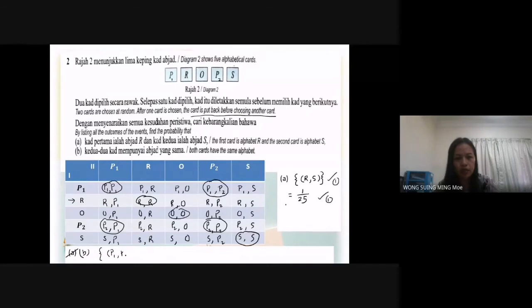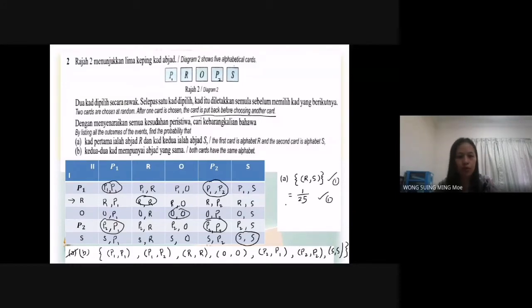P1, P1, P1, P2, R, R, P2, P1, P2, P2, and S, S. Okay, 1, 2, 3, 4, 5, 6, 7.